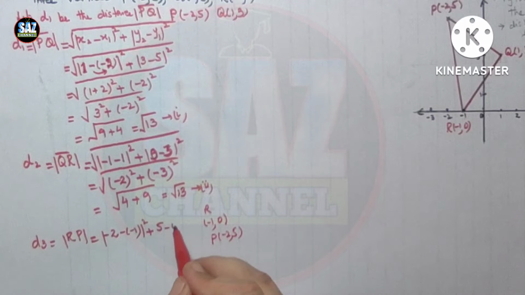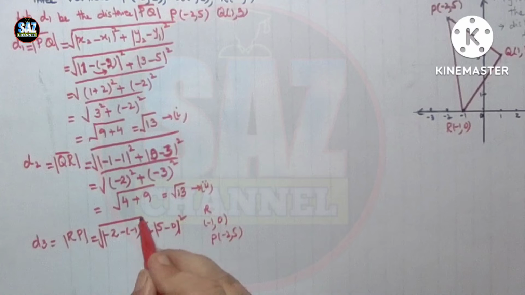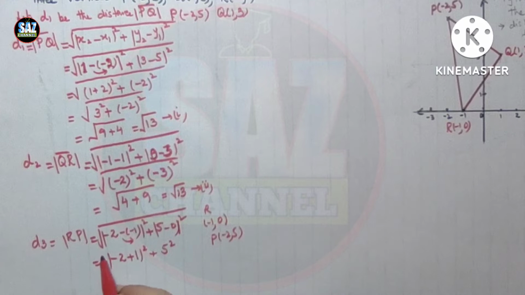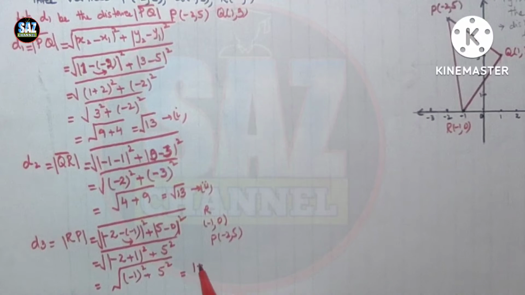Minus multiplied by minus is positive, so this becomes (-1) square plus 5 square under the root, and this will become 1 plus 25, which is equal to 26. Square root 26, and let it be answer 3.